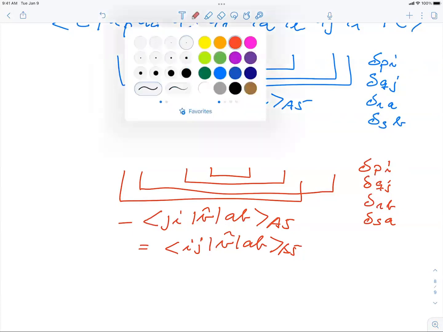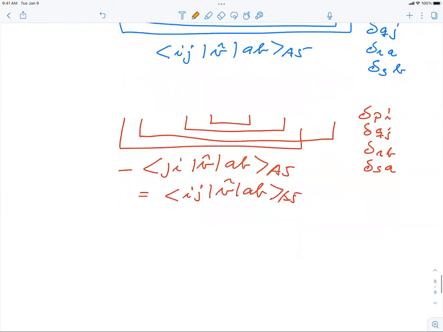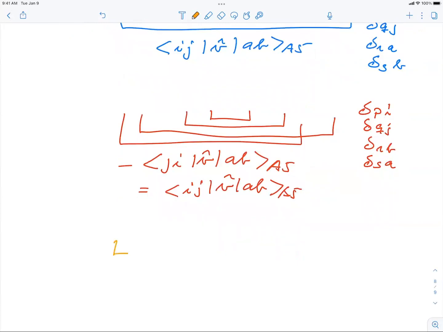So let's continue, and now we put in a new color here. Let's look at the next possibility. Let's keep these two hole lines as they were, but now we interchange the two particle lines.